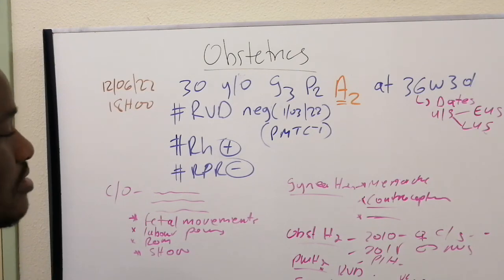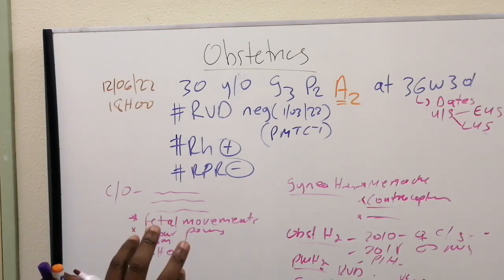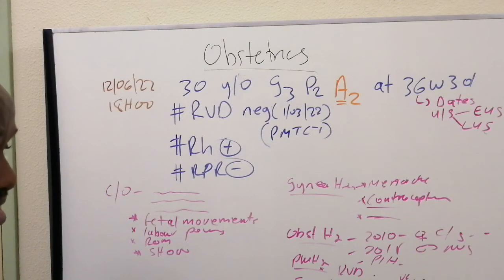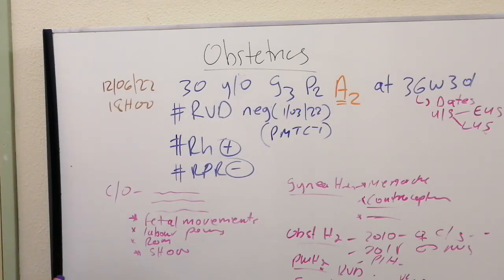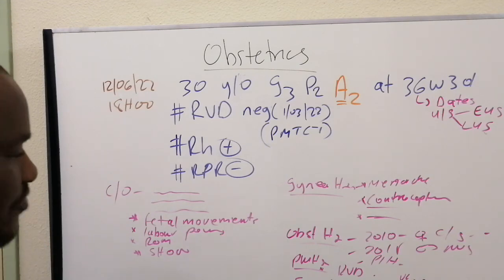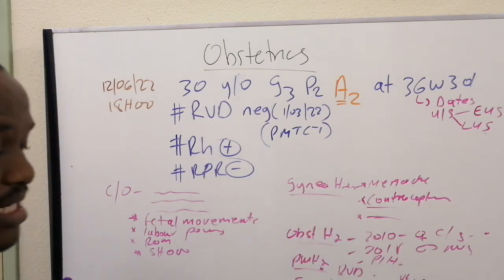And after doing your examination, remember the abdominal is very crucial. The PV is very crucial. I'm not saying you're going to do a PV exam for everyone that comes in through the door. It depends what you are suspecting, depending on the symptoms the patient is presenting with, right? And for someone who gives you this kind of history with PIH, you want the blood pressure.